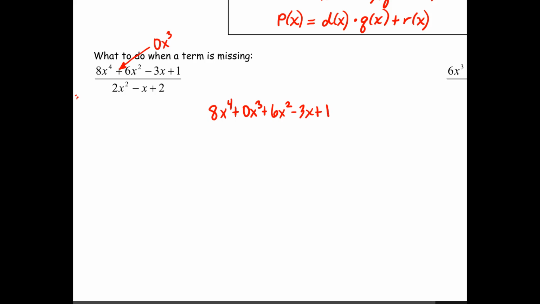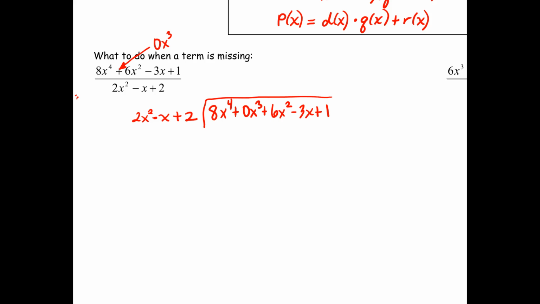And again, the polynomial under the bar is called the dividend. And we're dividing that by 2x squared minus x plus 2. Again, we focus on just the first two terms. So the 2x squared and the 8x to the fourth. What times 2x squared would give me 8x to the fourth?